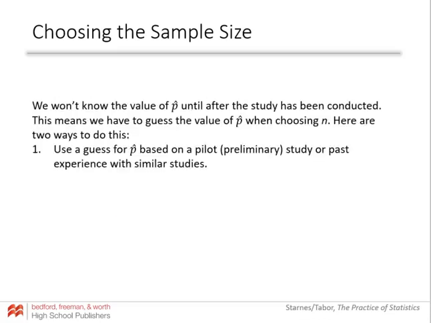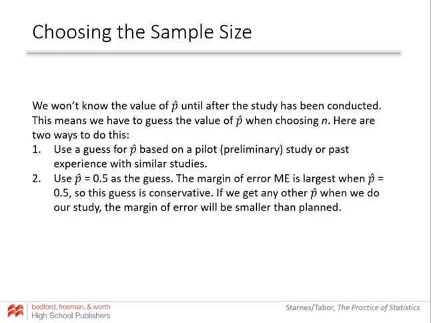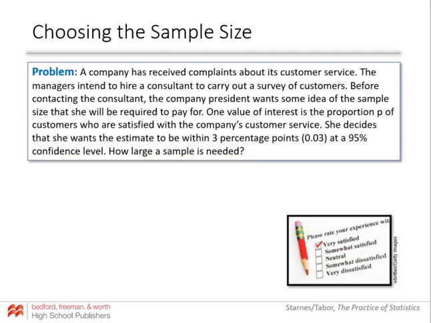So we have two options. If we have some past data or past experience with this particular subject, we might be able to use an estimate of p hat based on that. If we don't have any of that information, we're just going to use 0.5. This is the most conservative guess we could possibly come up with, and so that works as a value as well.